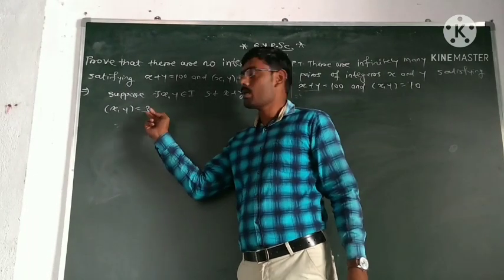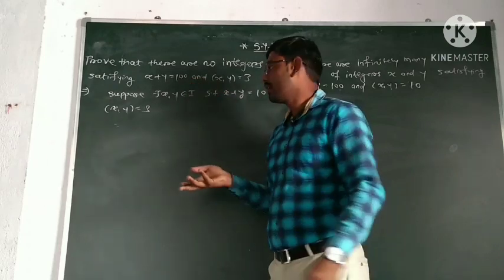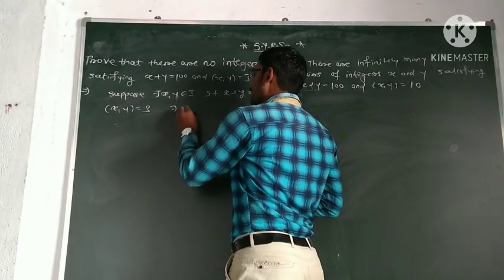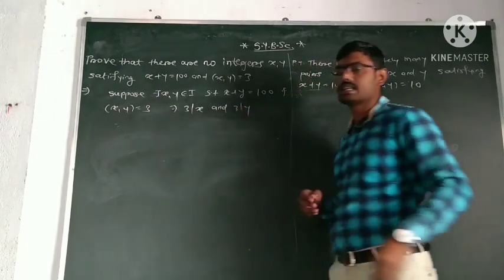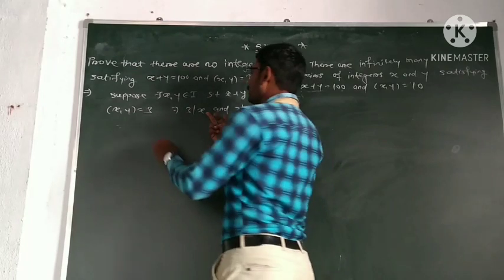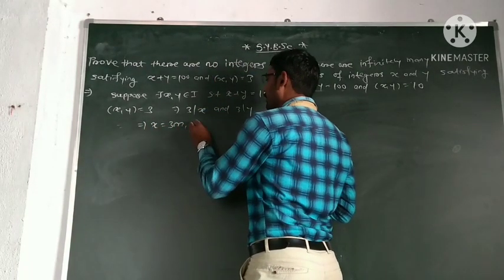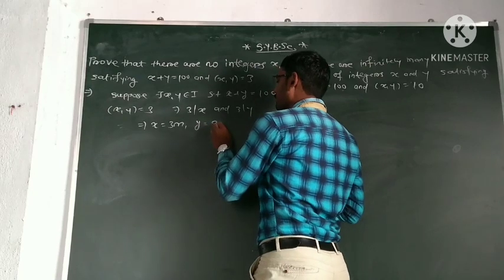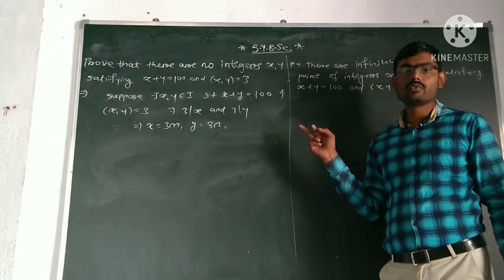Now 3 is the greatest common divisor of x and y, so 3 is a common divisor of x and y, meaning 3 divides x and 3 divides y. Now 3 divides x means x is a multiple of 3, that is 3m, and y is a multiple of 3, that is 3n, where m and n are non-zero integers.